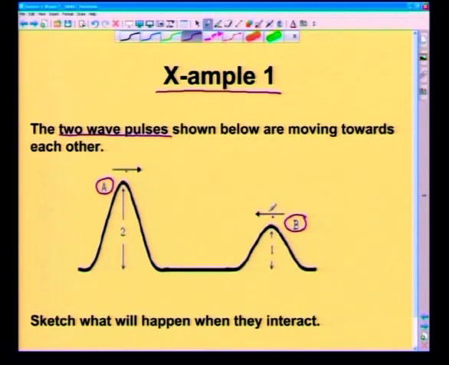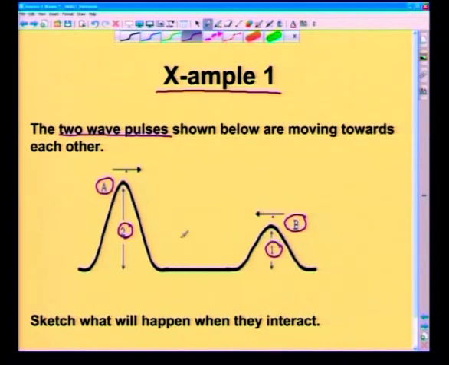The amplitude of A is 2 centimeters for argument's sake, and the amplitude of B is 1 centimeter.